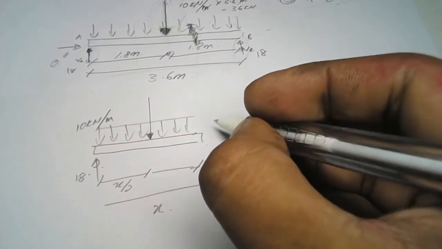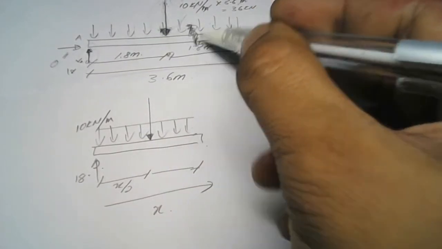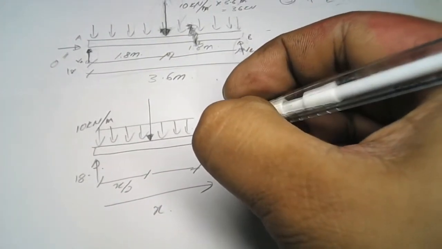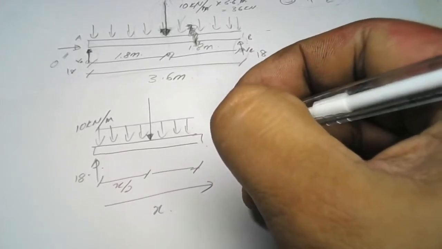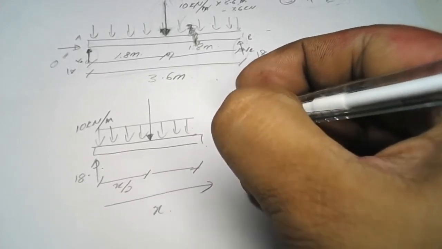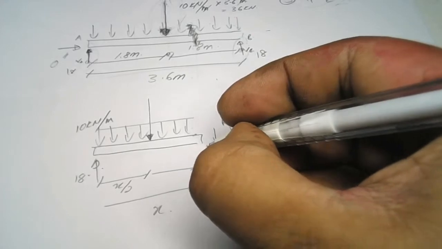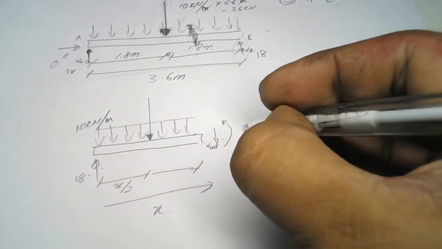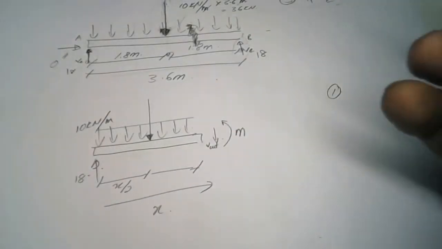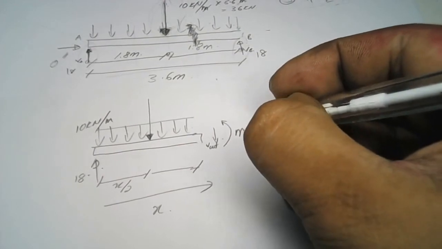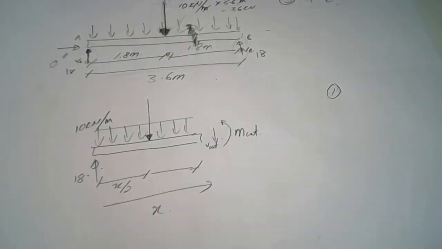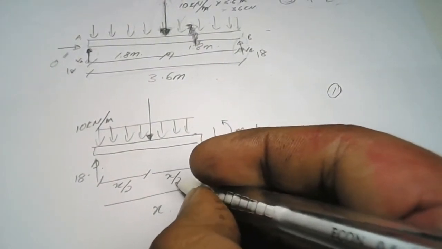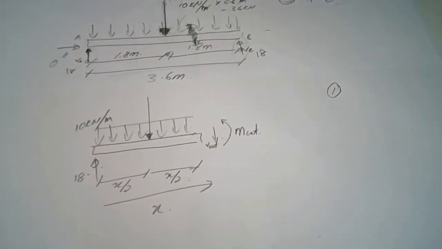When you cut at this point, there must be an internal shear force and internal moment. I name them V cut and M cut. This one is X over 2. This is our FBD.